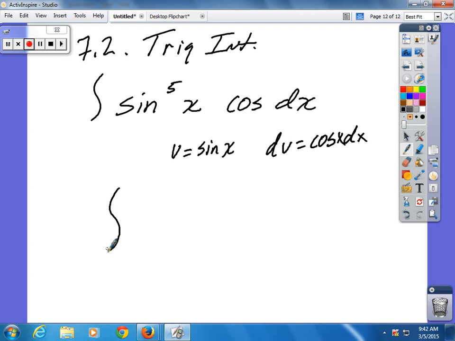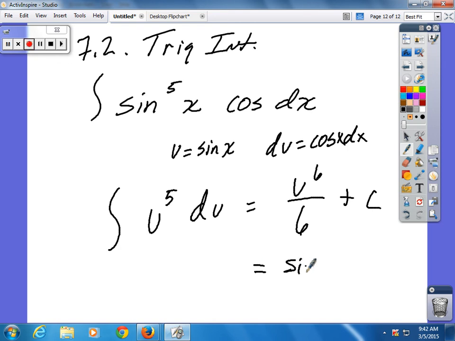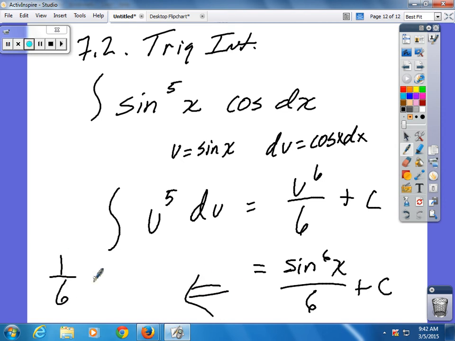So the antiderivative of u to the 5th du is what? U to the 6th over 6 plus c. And what is u? U is the sine. So sine 6x over 6 plus c, or 1/6 sine 6x plus c.